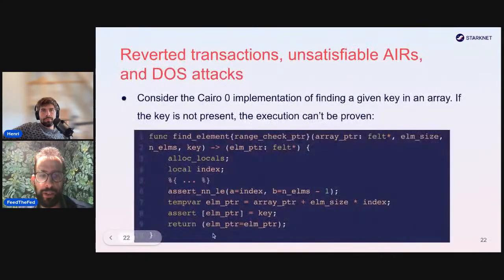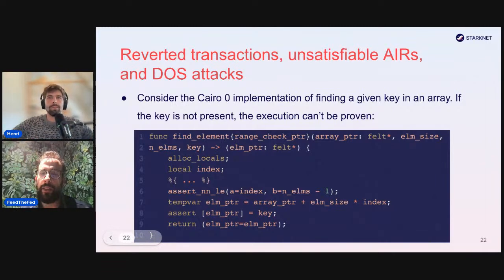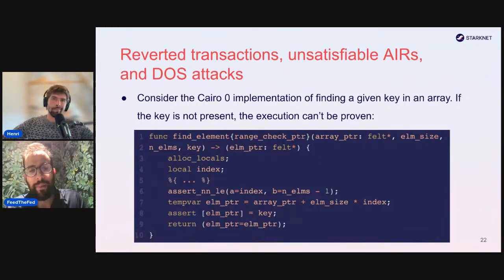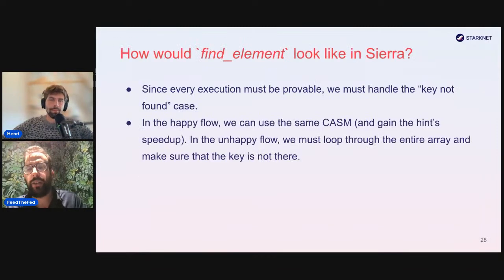So if you go back here, this means that I would have to replace this assertion with something like an if-else. And in the else clause, I would have to actually go through every member of the array to verify that it is not there. And in that case, instead of failing, return something like not found, or 0. But I would have to handle this case within the Cairo assembly generated from this instruction.